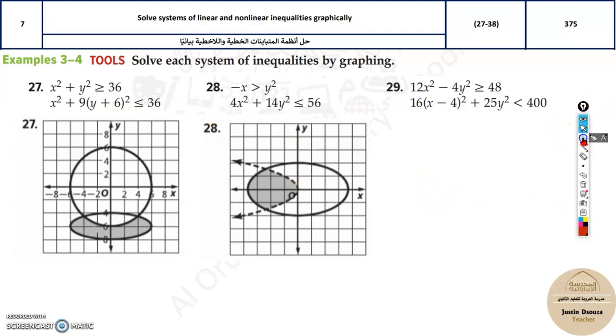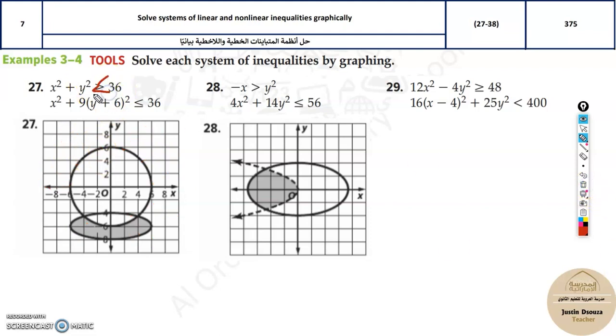So one thing before we start, you must realize that whenever x squared plus y squared is greater than or equal to, that means it's radiating outside. Greater means out, more. Okay, all outside. If this was less than or equal to, then it would have been inside.